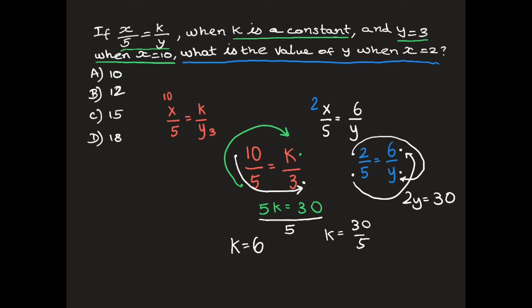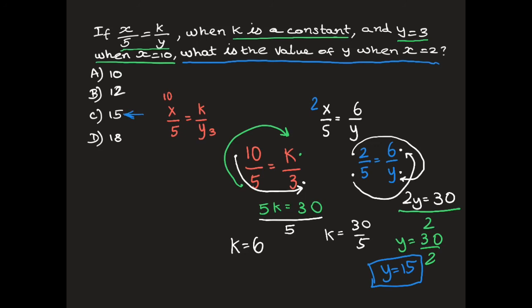We've got 2y equals 30, so let's isolate y by dividing by 2. y equals 30 divided by 2, and that means y is equal to 15. That's our final answer, because the question is asking us to find the value of y when x equals 2. So the value of y is 15.